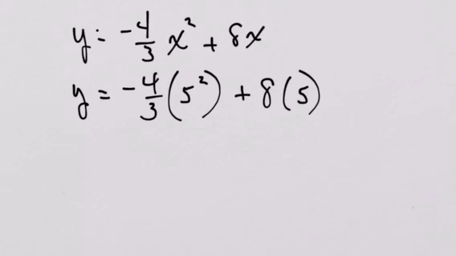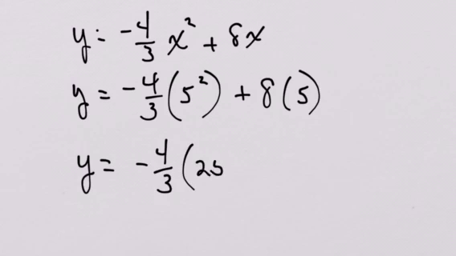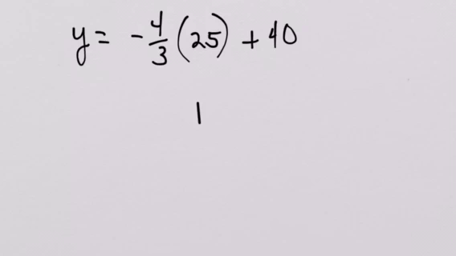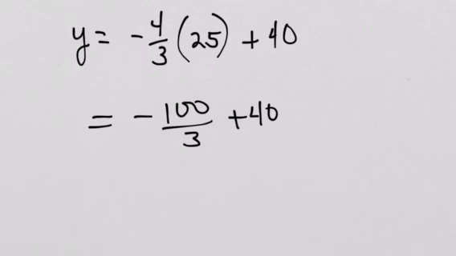Now let's do a little simple math here. And we will get negative 4 over 3 times 25 plus 40. When I distribute the negative 4/3 times 25, I get negative 100 over 3 plus 40.